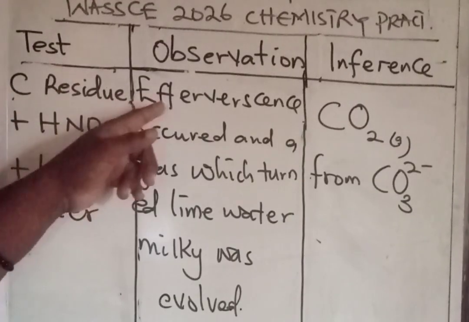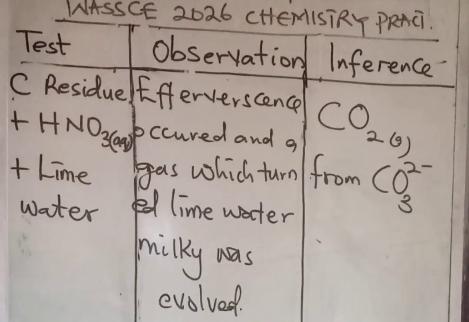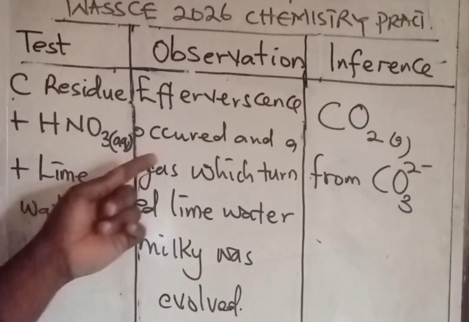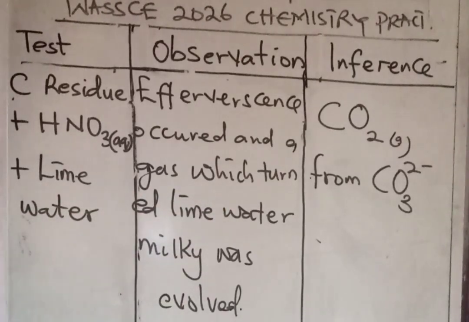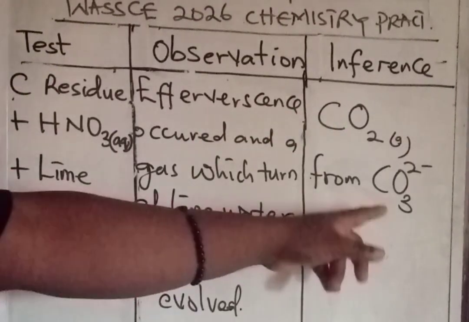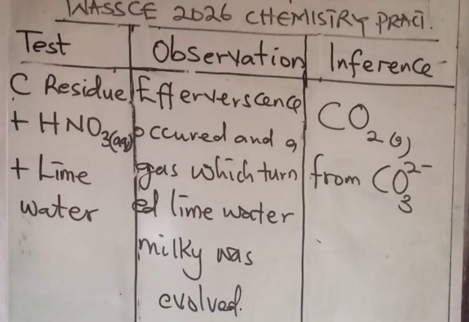You will observe an effervescence, which goes with evolution of a gas. When you pass it through lime water, it will turn the lime water milky. There is only one gas that behaves like that, and that is CO2, carbon dioxide, from CO3 2-, which is the radical.